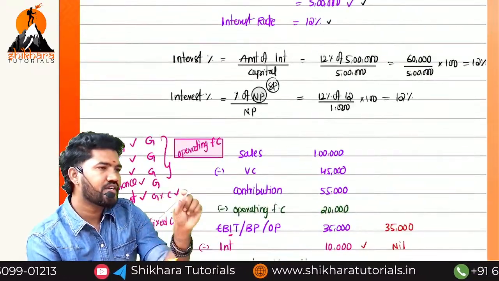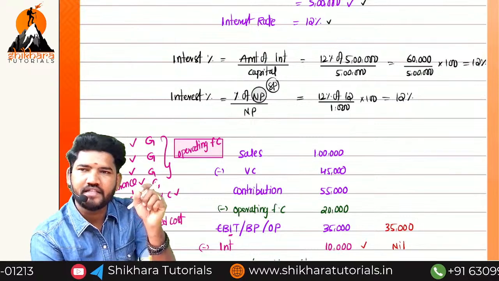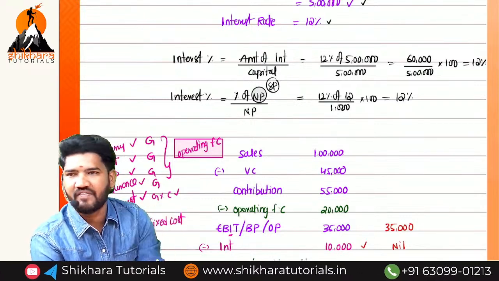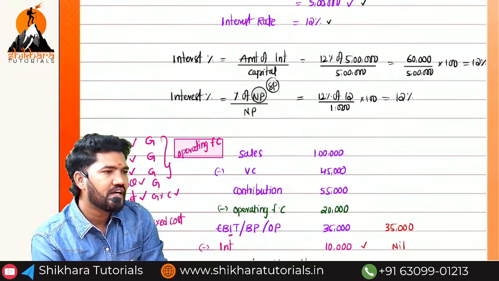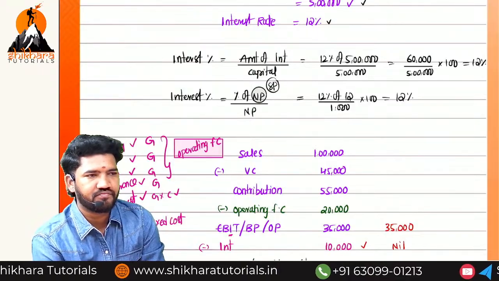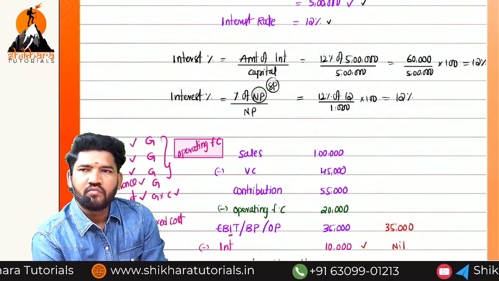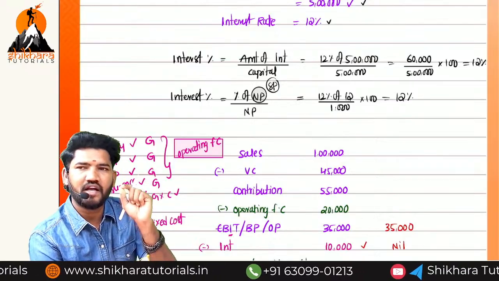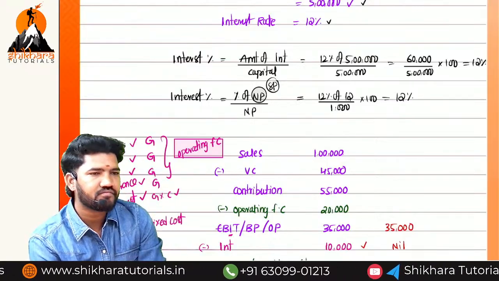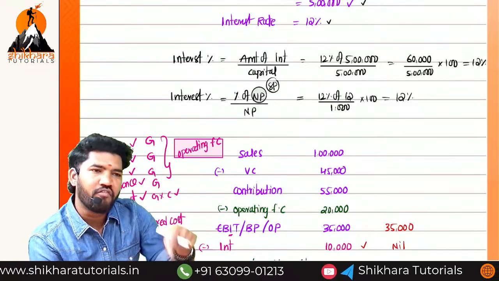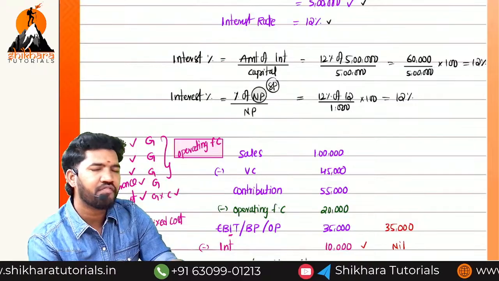Now for redeemable debenture, how do we calculate the KD? They will give the interest rate in the question paper. We consider it and multiply with 1 minus tax, which expresses the tax advantage, divided by net proceeds or market price. What is the meaning of net proceeds? For a debenture, how much I sold it to the public. Sometimes I sell at book value, that is par or face value.